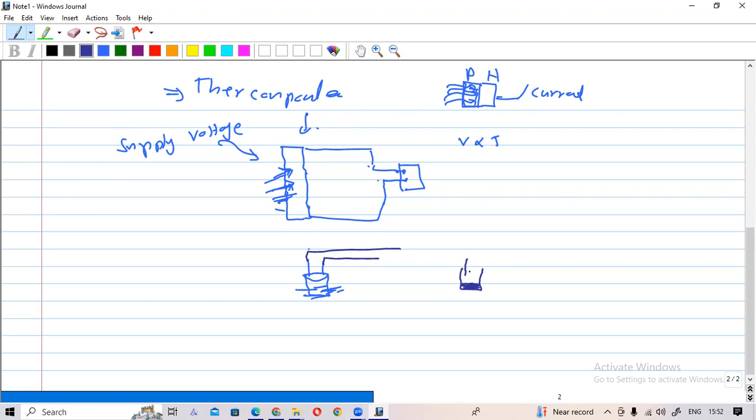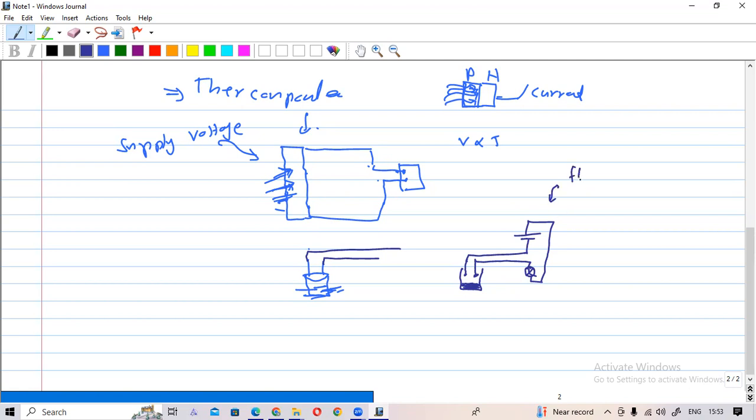Then I put two copper wires, or copper conductors, like this. This side I connect to a battery, and this side I connect to a bulb.